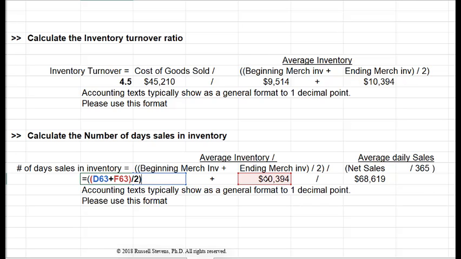And a slash is typed in. An open parenthesis is typed in. 68619 is highlighted, a slash 365, and a closed parenthesis is typed in, and enter is pressed. The typical format for a number of days sales inventory is a general format to one decimal place.